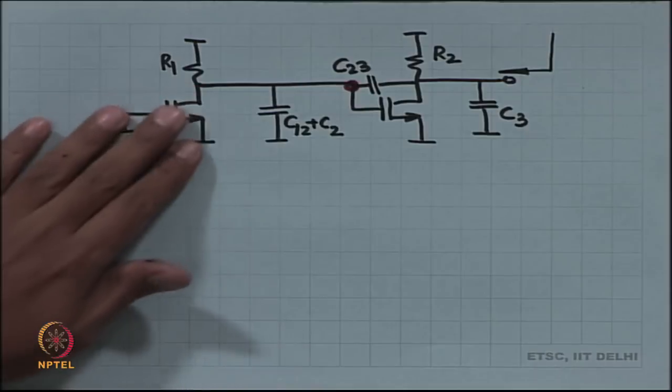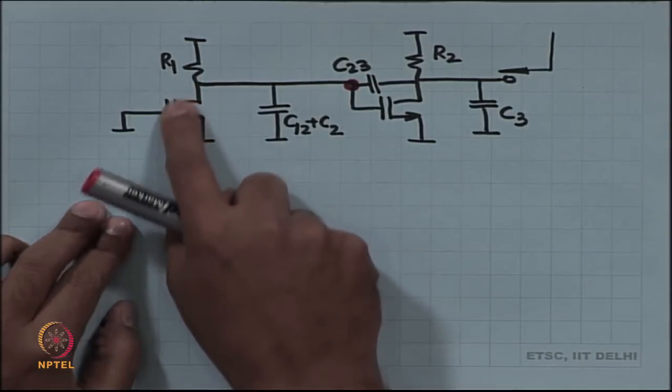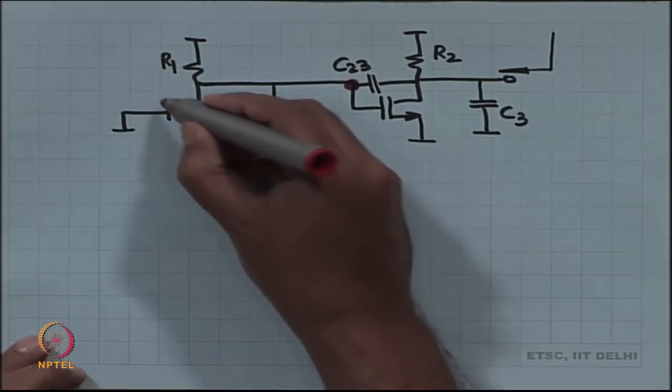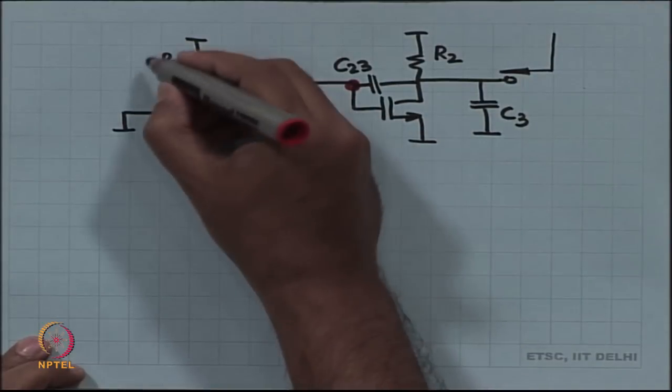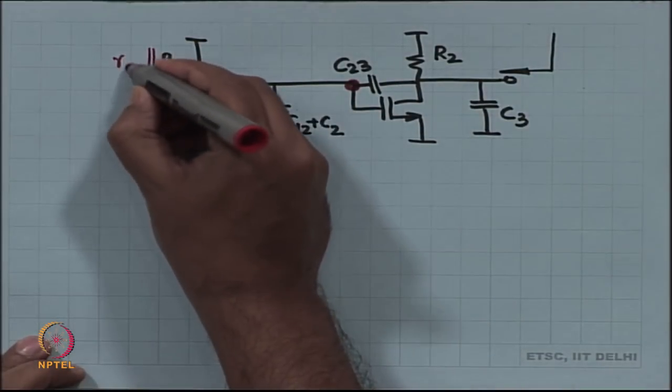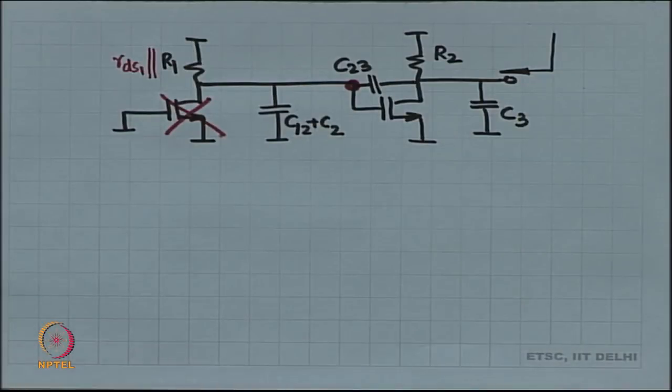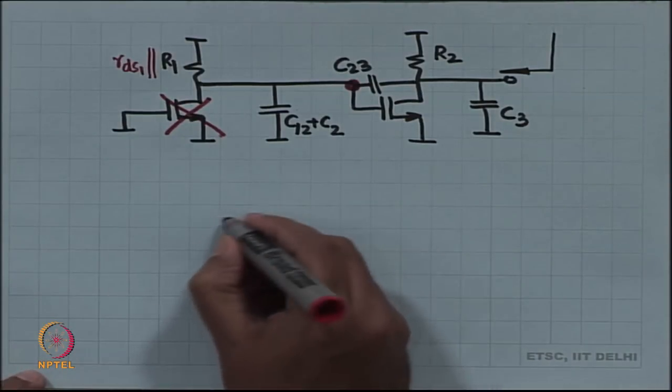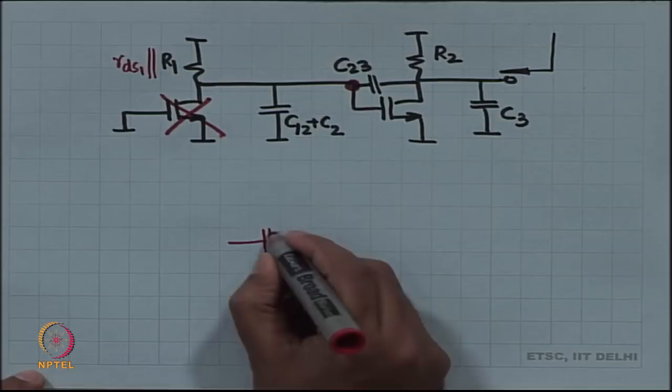Okay. So, let us simplify. Inside this MOSFET, this current is 0. So, let us not draw this MOSFET at all. Okay. So, the MOSFET is gone. Okay. In fact, you could probably even draw it like this.